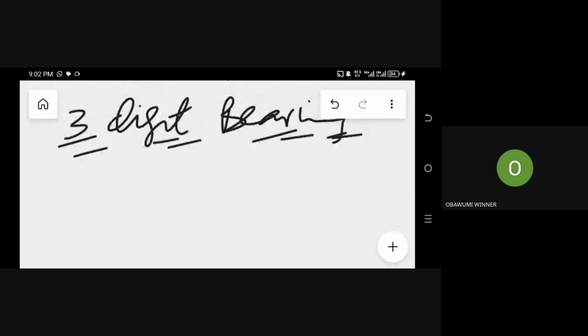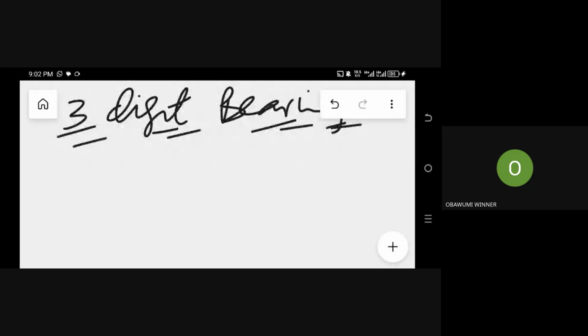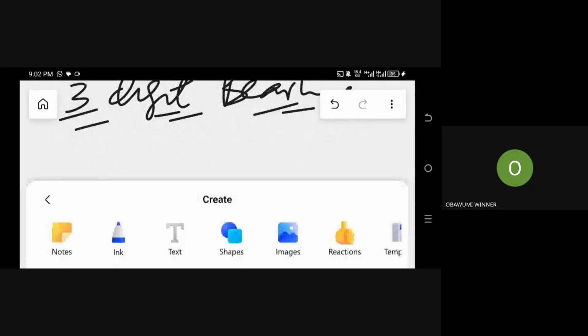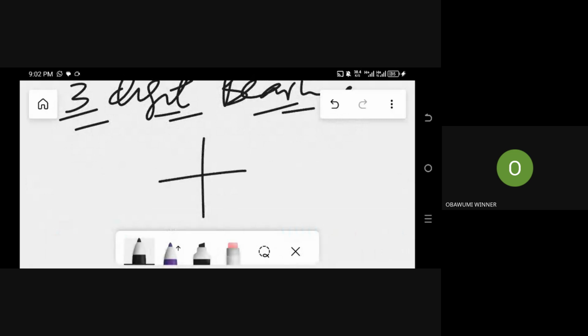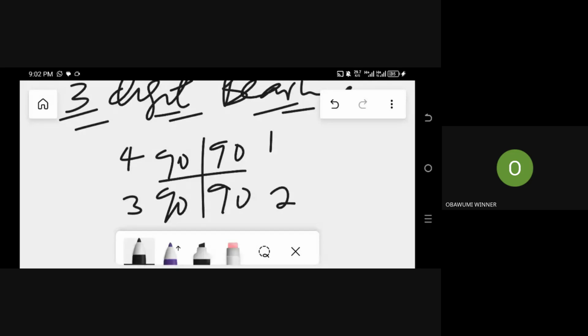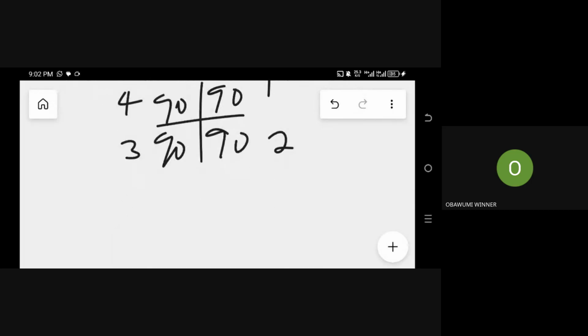So in this three-digit bearing, we say that the three-digit bearings are read differently from the compass bearing. We have this as 90, 90, 90, 90. This is the first, the second, the third, and then the fourth. We say that in the first quadrant, the angles we have there are angles between 0 to 90.